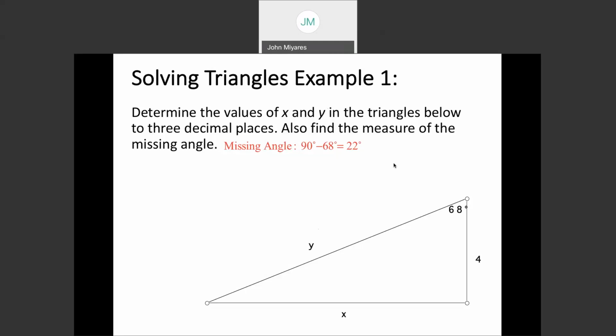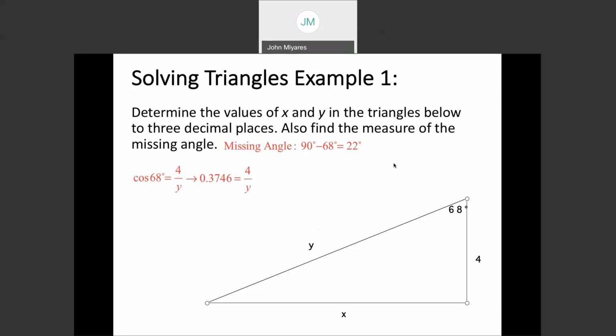In this case, let's say I'm looking at the 68-degree angle that we're given. The 4 is the side adjacent to that angle. If I wanted to find the length of hypotenuse y, I could use a cosine ratio to say I want the cosine of 68 degrees to be equal to the adjacent side 4 over the hypotenuse y. From here, we can generate the value of the cosine of 68 degrees on our calculator to get the decimal 0.3746.